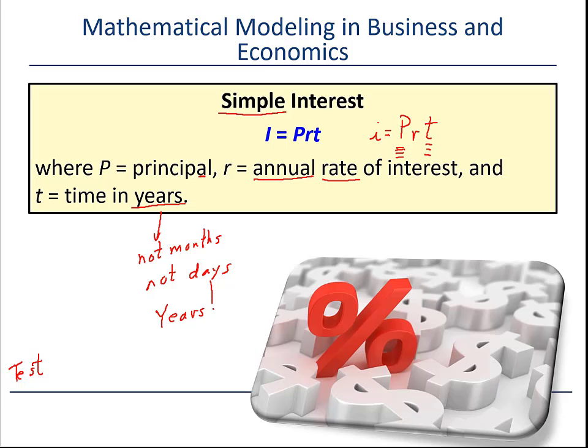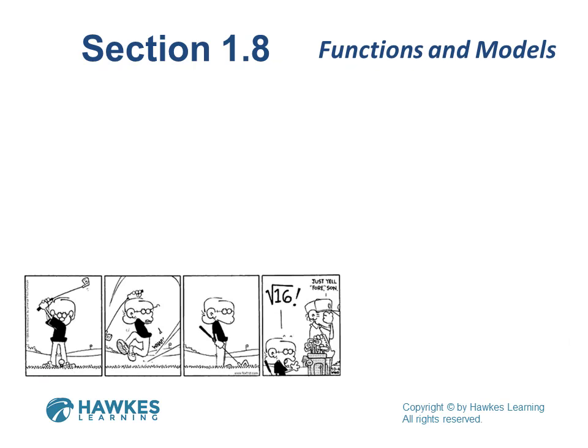So here is why I'm emphasizing this. If you see a problem and what you're asked for is how much interest you get for 9 months of investment, the 9 months you have to convert to 3/4 or 0.75 years.